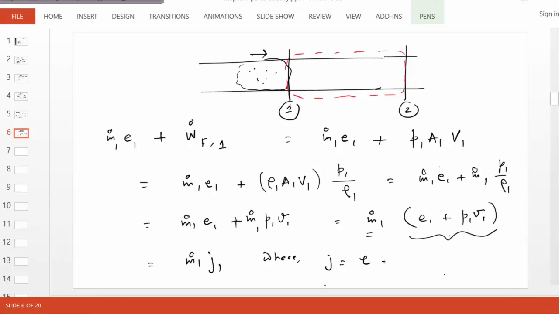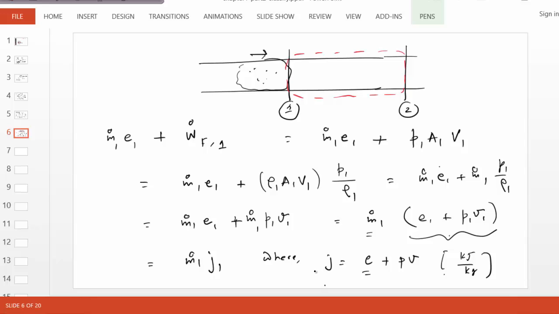This is a combination of two properties, E plus PV, whatever that means. So E, we understand, is energy per unit mass, stored energy per unit mass of a system or a flow. Pressure, we understand. Specific volume, we understand. So the unit here must be kilojoule per kg, just like E.